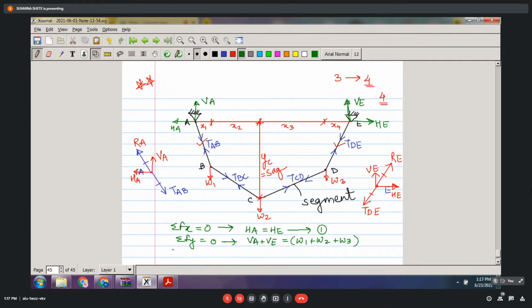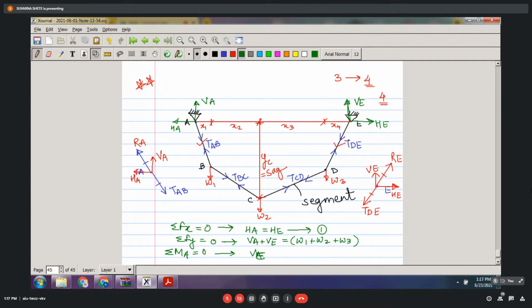And for my third equation of moment, I now have a choice because both supports are hinge supports, correct? So if I apply the condition of moment, I can take moments about A, or even about E, equal to 0. If I take about A, I will get the value of VE, yes or no? बरोबर का?